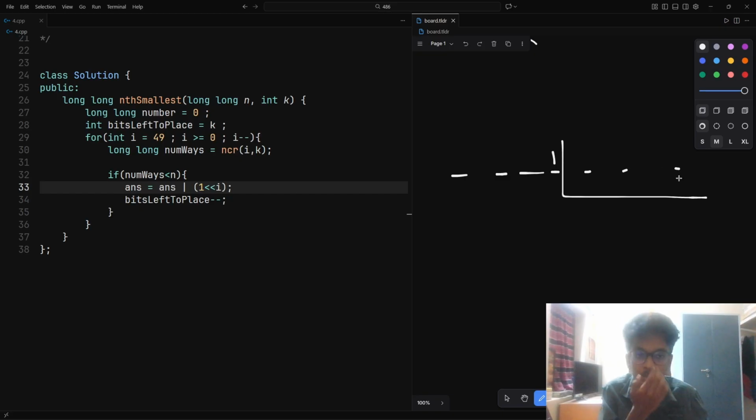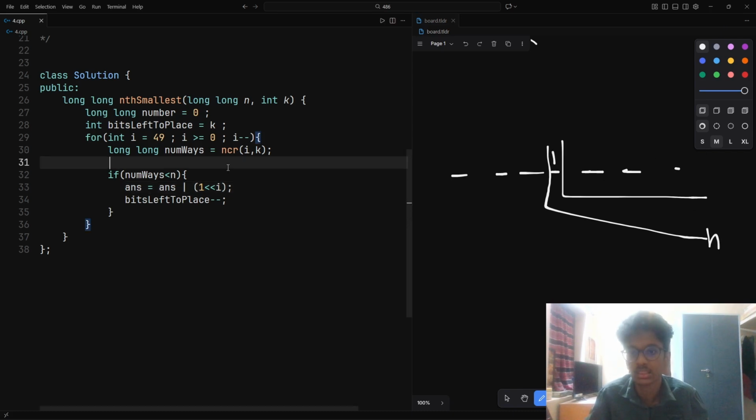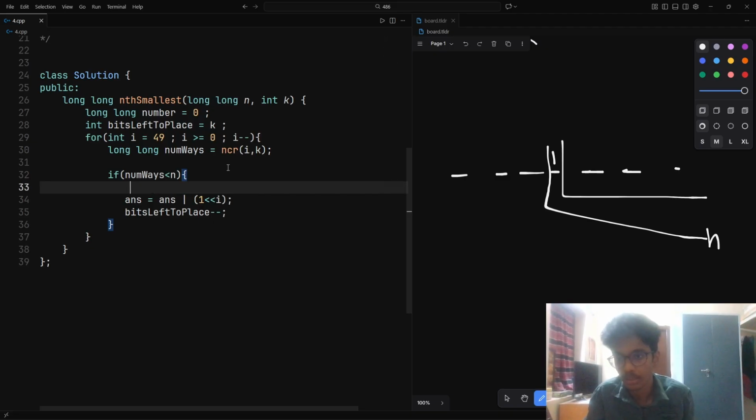Till here it was having n number of ways, and this is one of those n number of ways. The rest need not have n number of ways. It just needs to have n minus some number of ways. Because, okay, why do we need it?